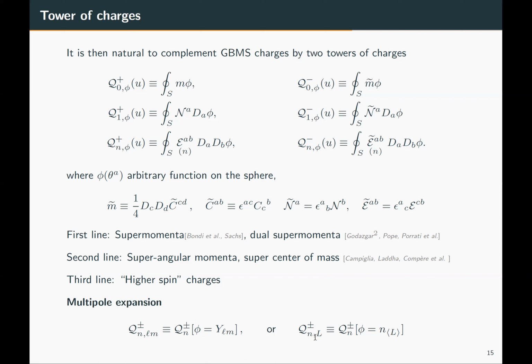Okay, and the point is that these quantities, we claim, are related to the quantities that I showed to you before in the computation of the multipole charge, the coefficients of the divergent powers of r.